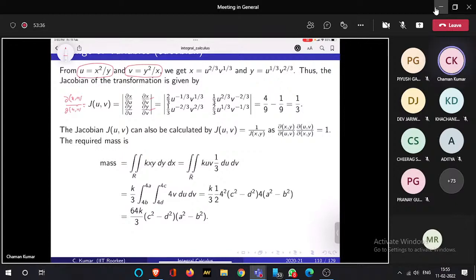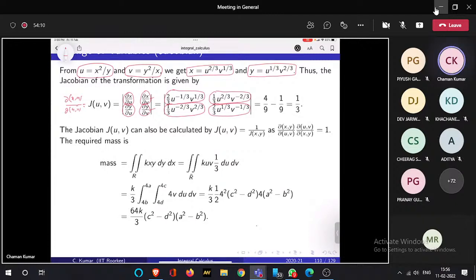When you solve these two equations, you get x is equal to u raised to 2/3 and v raised to 1/3, and y is equal to u raised to 1/3 and v raised to 2/3. Now you can differentiate these quantities. So derivative of x with respect to u, derivative of x with respect to v, these are the derivatives. And derivative of y with respect to u is this one, derivative of y with respect to v is this one.